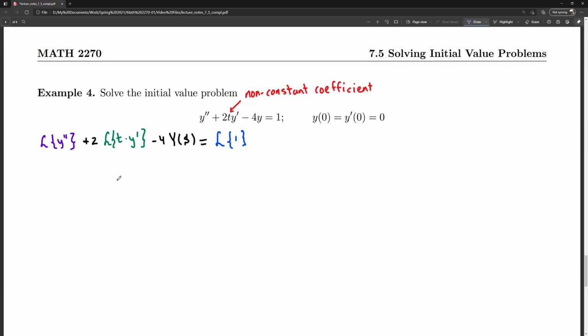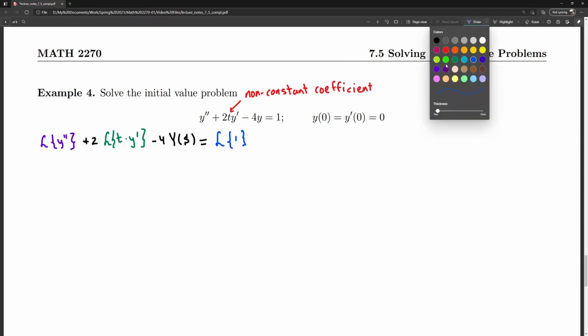What we need to note here is that since t is not a constant, I cannot pull it outside. Because it's not a constant, I cannot use some type of linearity argument to pull that outside my Laplace transform. So we'll have to deal with that in a moment.